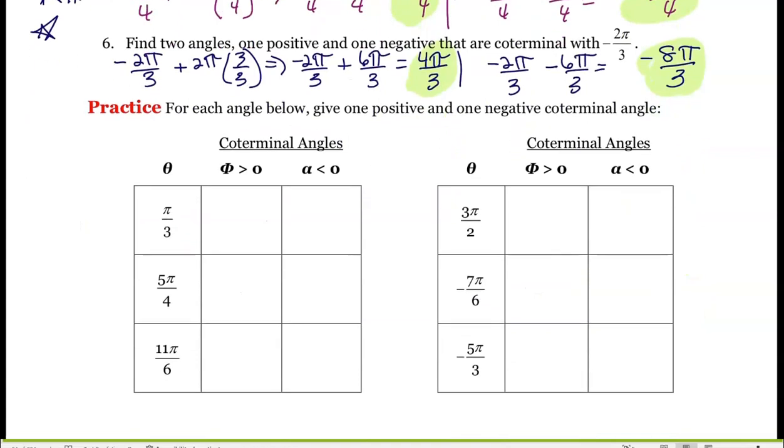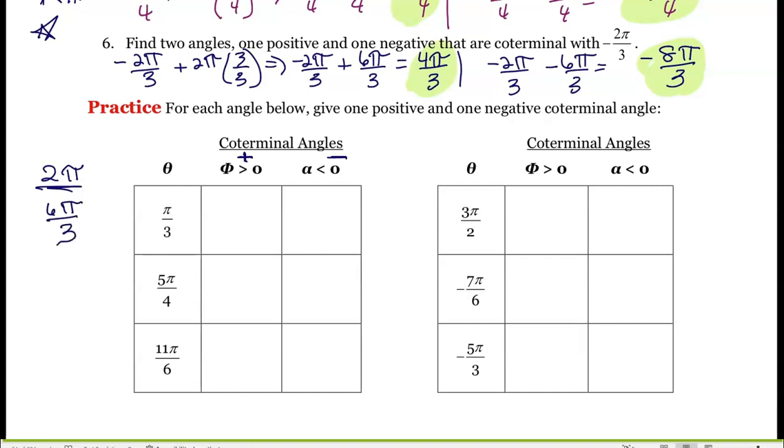Okay, so here's some more practice. I need coterminal angles. So I want positive, this is the positive, and this is the negative. So let's come over here. And I know I have to add and subtract 2 pi. But I'm going to look at this and say, if I'm in thirds, I'm going to add and subtract 6 pi over 3.